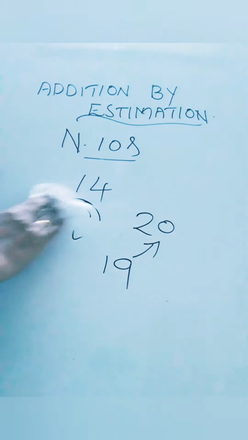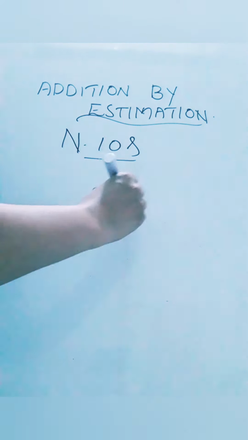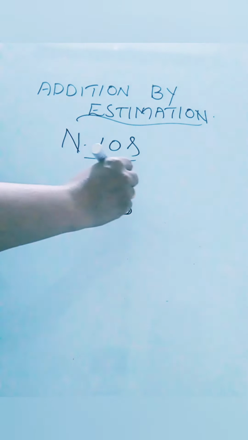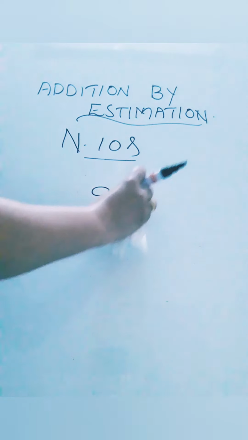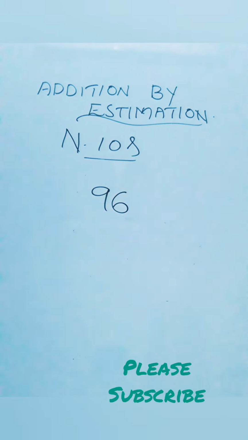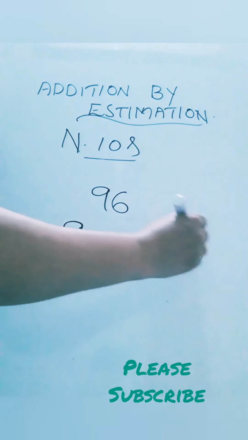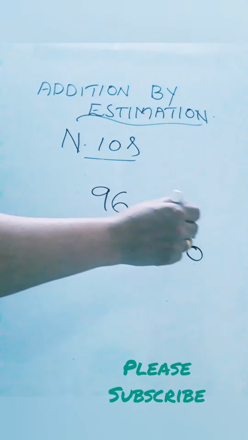Here is another challenging question, a number close to 90, like 98 or 96. Suppose the question is 96. After rounding, what will it be? 96 is between 90 and 100, and it is very close to 100.